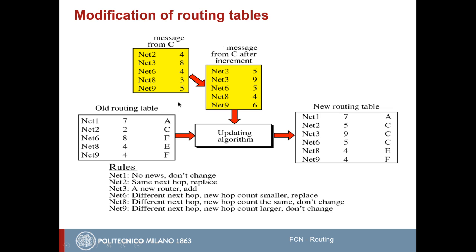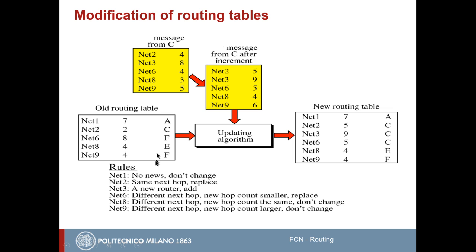The cost of the link is something that is configured externally. Here the indication net 2 and C means that the destination, which is named net 2, is at a distance 2 if C is used as next hop.